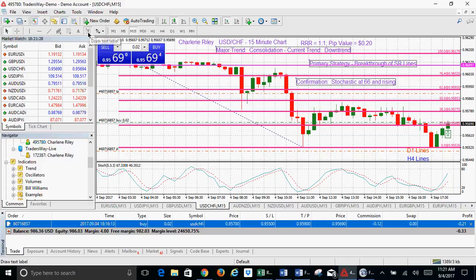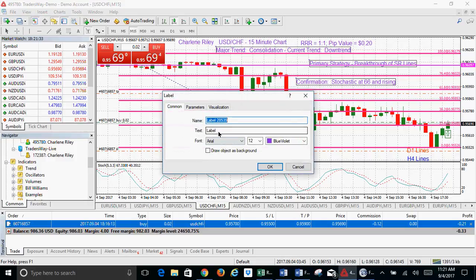And then also for confirmation, I had the tweezer bottom.